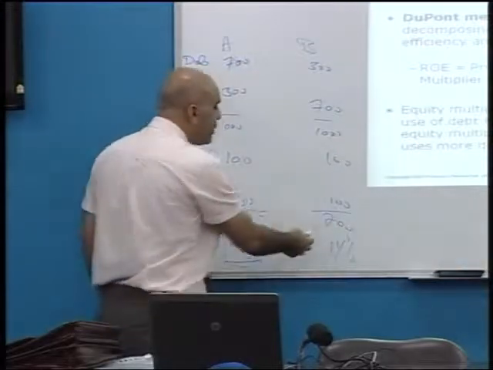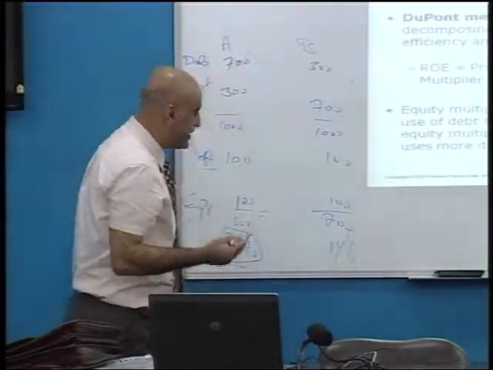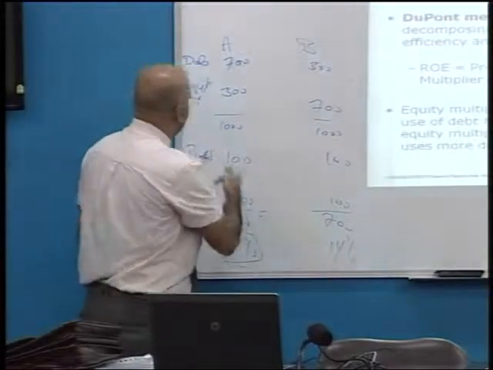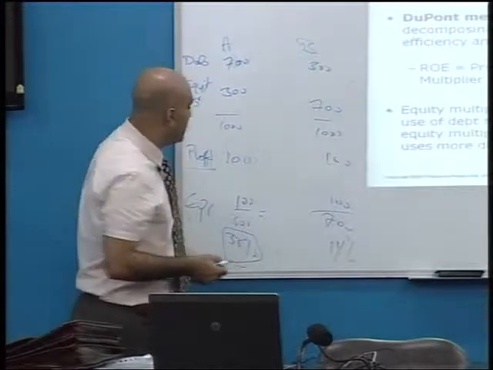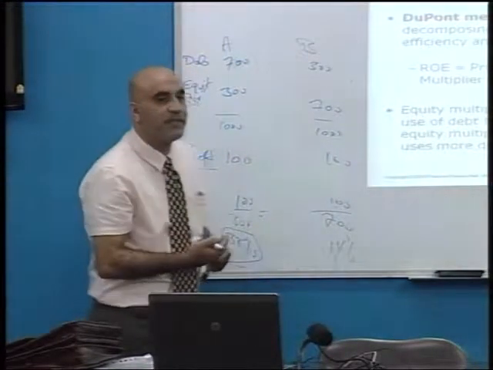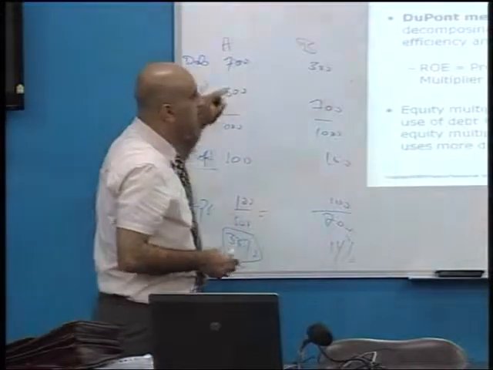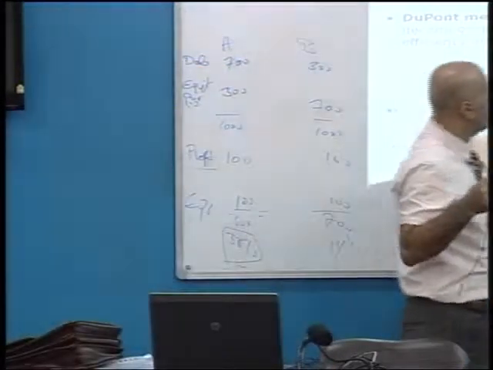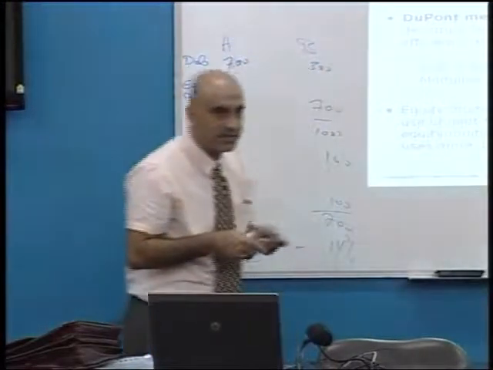But if we invest $1 in here, we will generate only 14 cents. So it's fine to invest in A because we maximize the EPS or we maximize the firm value. Why? Because of the debts. This is why it's important to include the equity multiplier, which considers the debts.